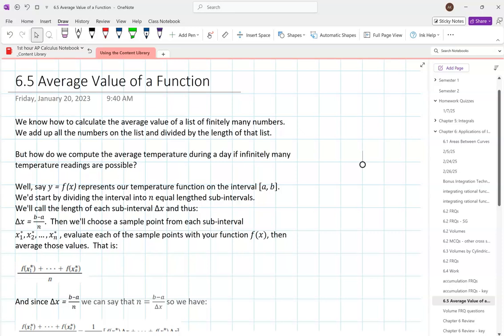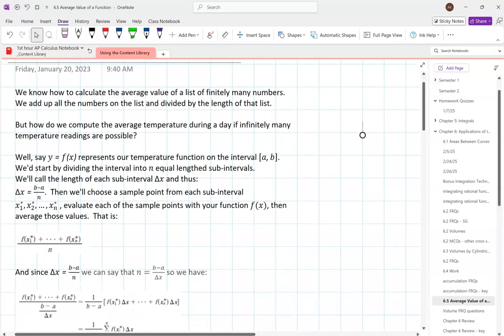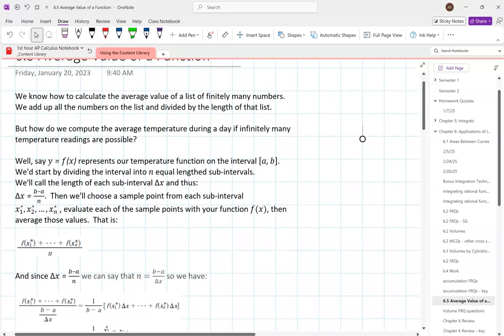This is starting to sound familiar. So then delta x is going to just be b minus a divided by n. And we'll choose a sample point from each subinterval. We'll call those x1, x2, x3, xn. And then average those values.